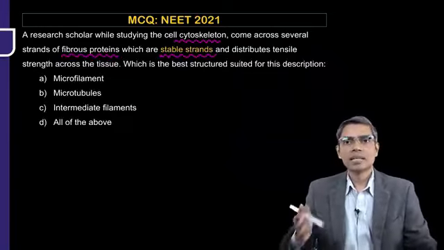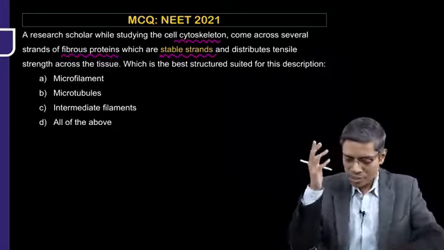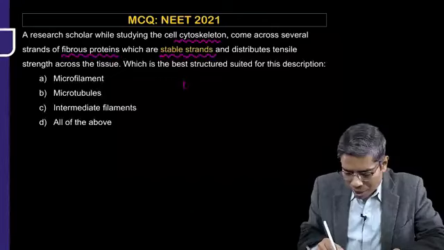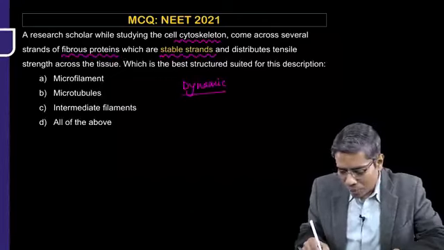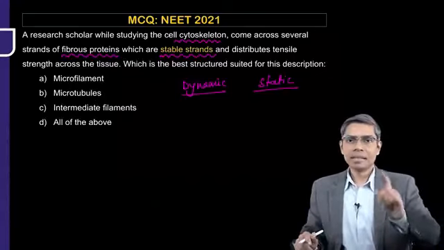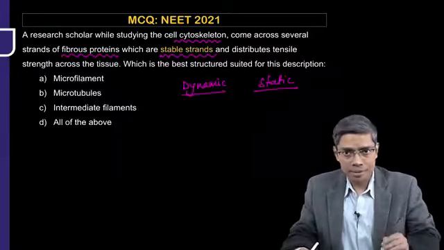You know that there are different types of cell cytoskeleton. We say that cell cytoskeleton are of 2 types: one is dynamic and one is static. Dynamic means the length of the cytoskeleton can alter.